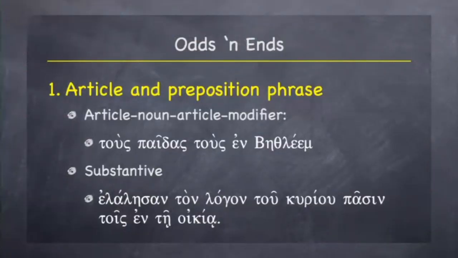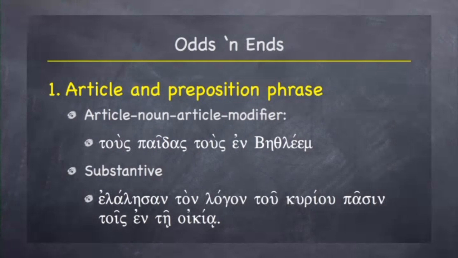The example we have in the textbook is tous paidas, tous en Bethlehem. Okay, word for word, that means the children, the in Bethlehem. Now, how on earth are you going to translate that? Well, that second tous is simply telling you that the following prepositional phrase is modifying paidas, the children, the in Bethlehem.